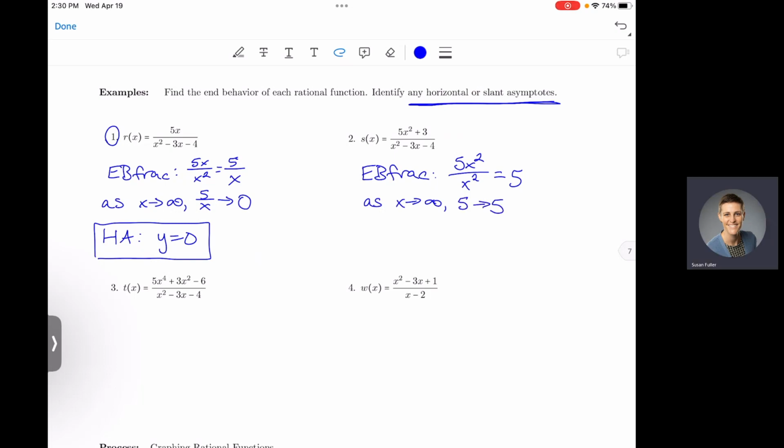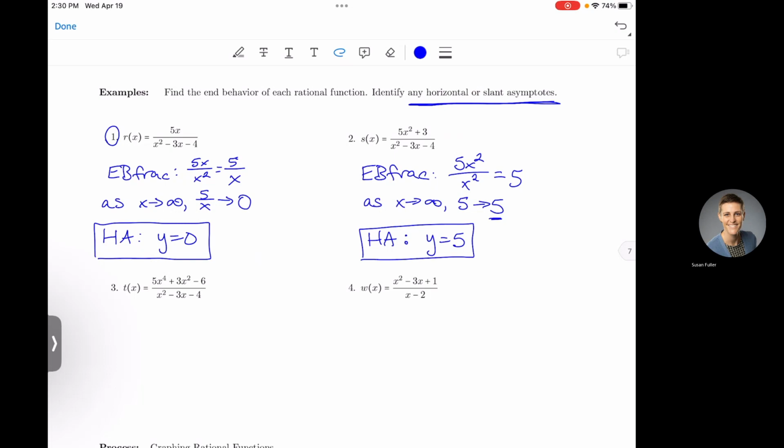It doesn't change. There's no x's in there. And so that means we have a horizontal asymptote, and our horizontal asymptote is y equals 5. Basically, if your end behavior fraction goes to a number as x goes to infinity, you've got a horizontal asymptote. If your end behavior fraction looks like it did in number 1, as x goes to infinity, it goes to 0. So we had a horizontal asymptote in both of those cases.